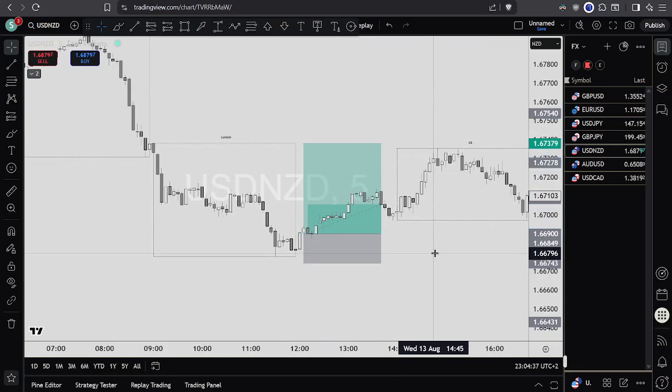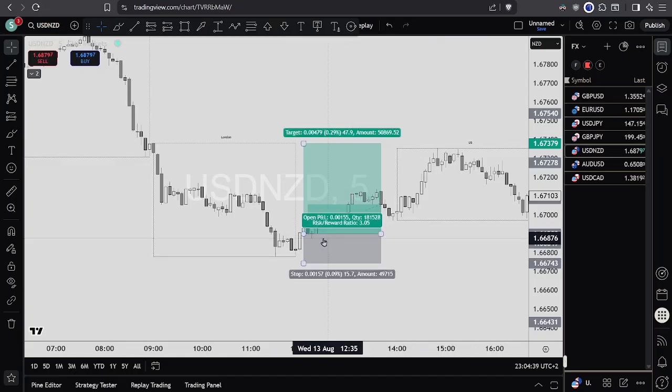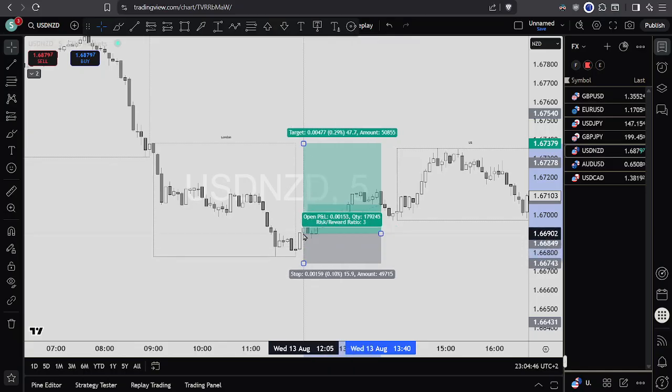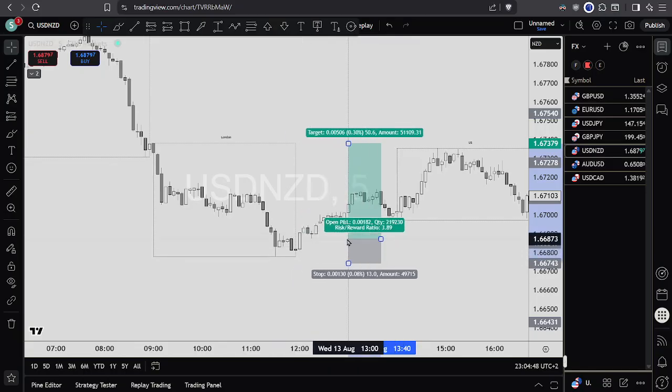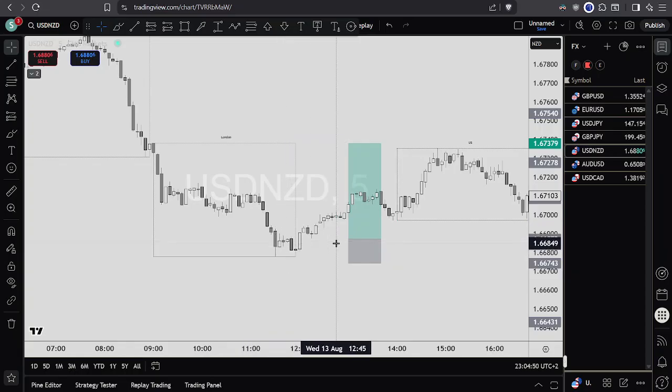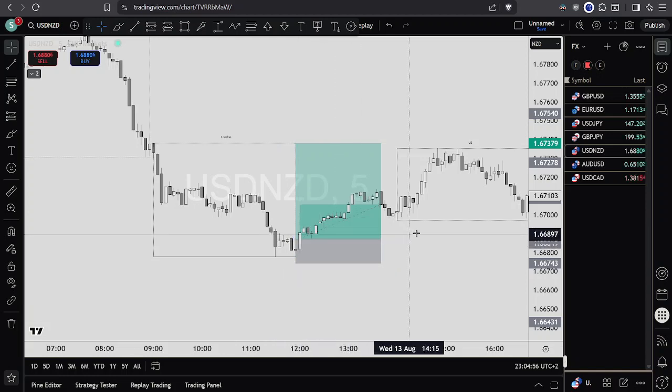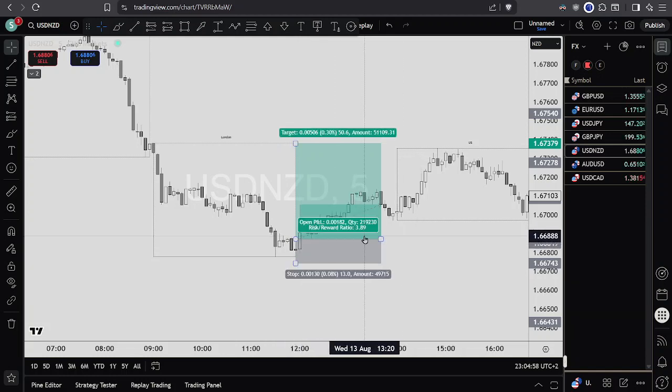Model B. But model A will use a retrace into the gap to enter. So either we would enter below here, or we would enter at the previous swing area. So here, right? And obviously you see the entry is moving down, so it's a better R. And every time on all the samples, model A has a better risk to reward.